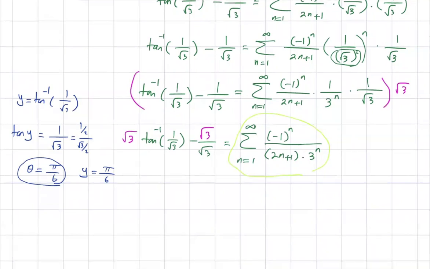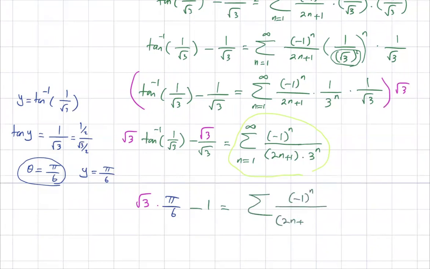So you end up with the square root of 3 times pi over 6 minus 1 as the sum of (-1)^n divided by (2n+1)3^n, n starts from 1, goes to infinity.